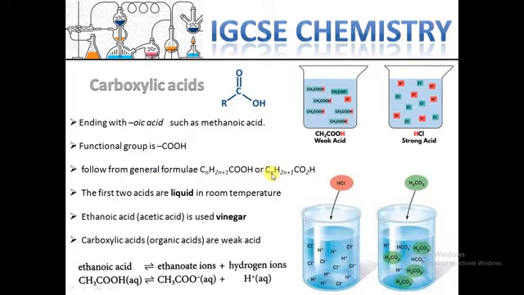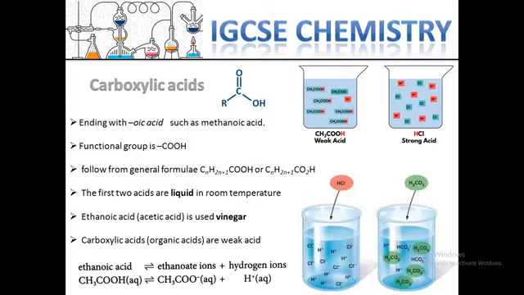It can also be written as CnH2n+1CO2H. Both are correct. The first two acids, methanoic acid and ethanoic acid, are liquid at room temperature.